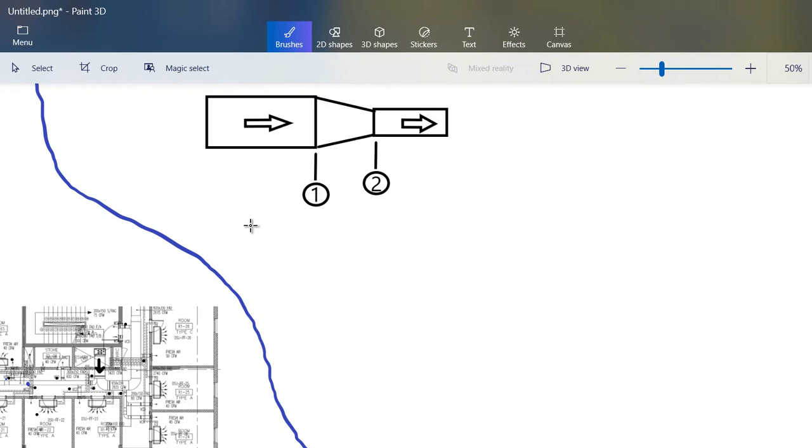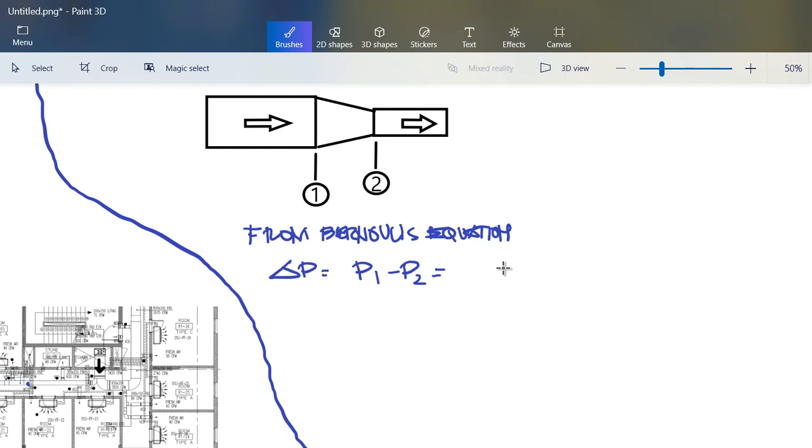From Bernoulli's equation, we have your change in pressure, or your pressure drop, from point 1 to point 2. So that is the change in pressures.